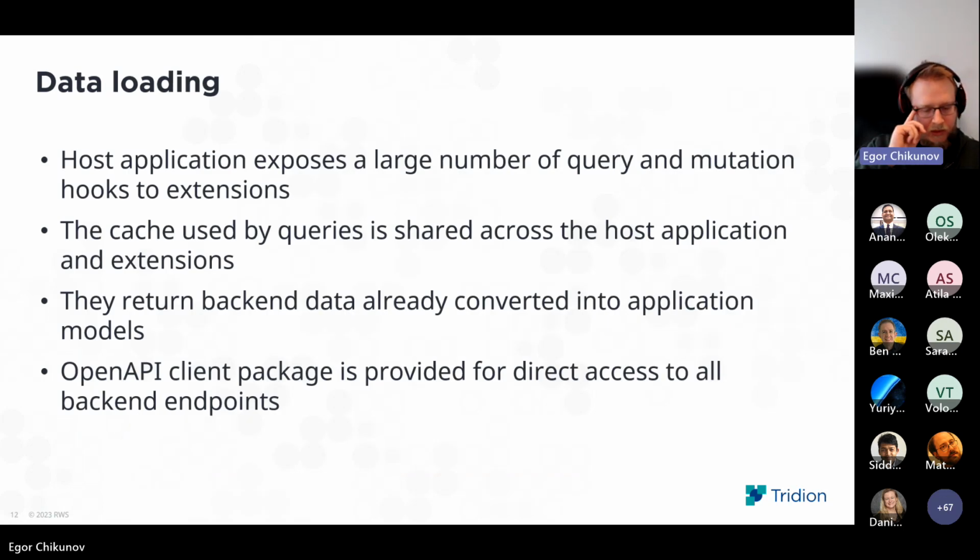For the data loading from the backend specifically, host application, so sites, is going to expose a large number of query and mutation hooks to extensions. This way, the cache that is used in the host application is going to be shared across host application and all of the extensions, which means that if you loaded an item of a specific ID in an extension, it will be already cached for the host application.